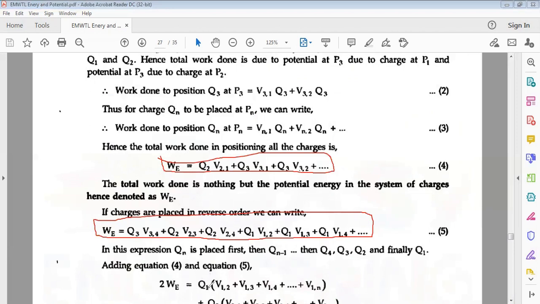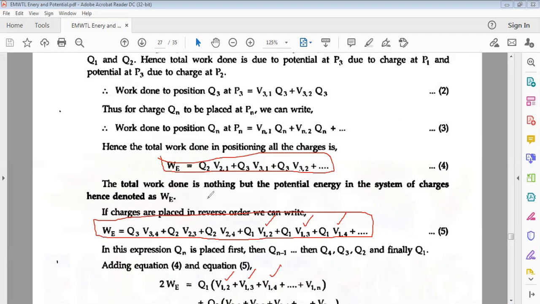Let us take the charge Q1 as common. Here we have Q1 times V12, V13, V14, and so on, up to V1N, up to the N number of charges you can take.